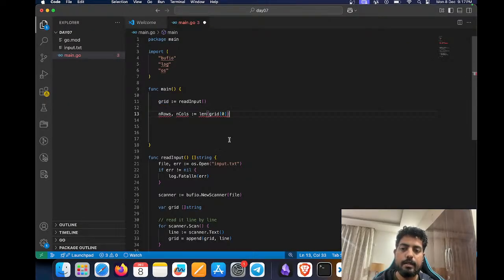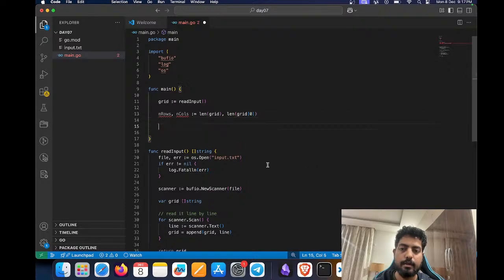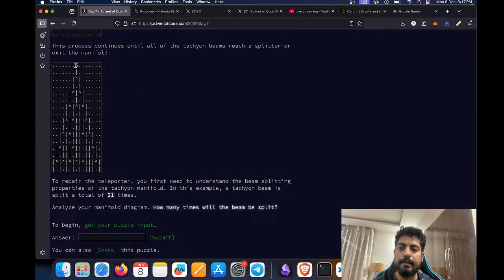And we know that our input is valid, so we don't have to worry about error handling here, but obviously not in prod, never in prod. So we have number of rows and number of columns, and we have this special character s, which is actually the source of the grid.